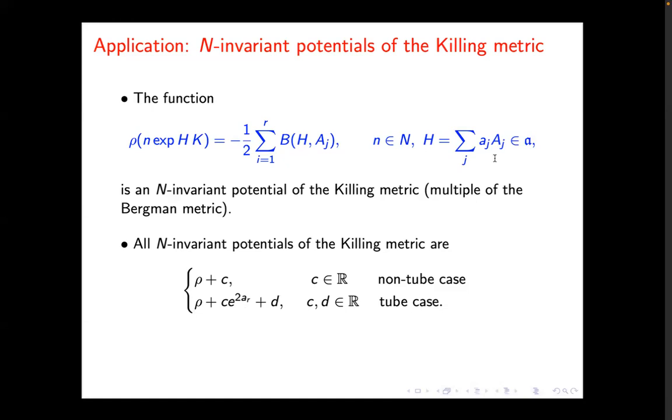So this AR is the coordinate of this element H in the Lie algebra of the group A. So these are all the N-invariant potentials of the Killing or the Bergman metric, as you prefer.